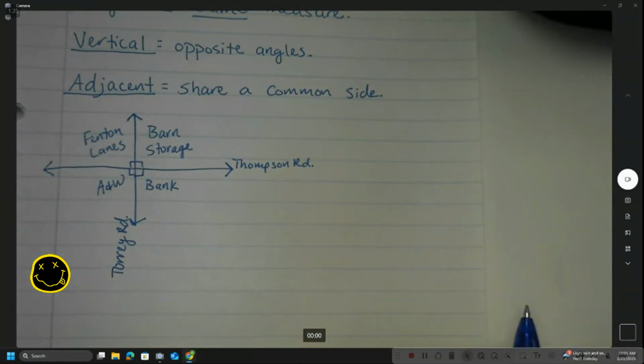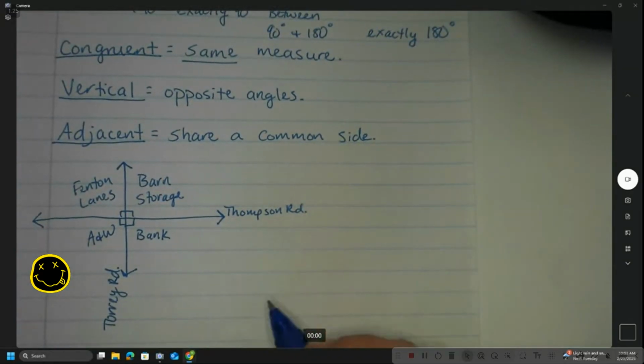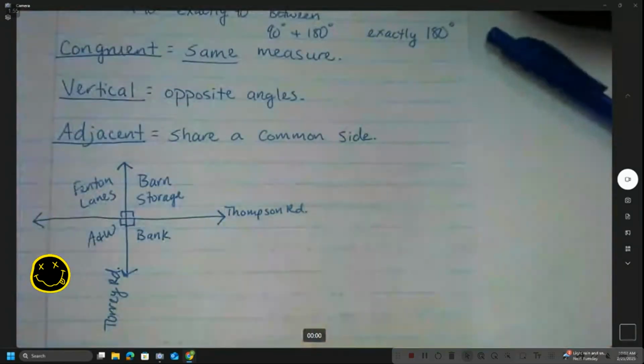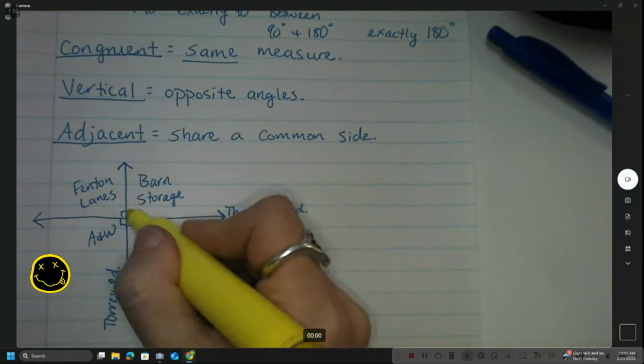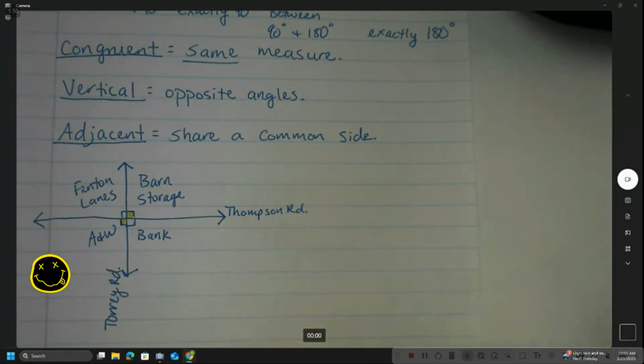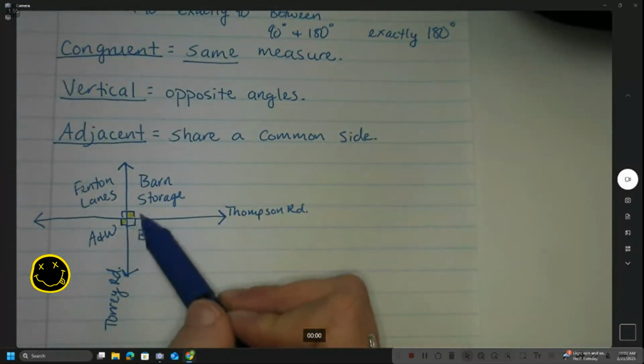So let's go ahead and talk about these vocab words using the angles. So a vertical angle. Vertical angles are angles that are opposite of each other. For example, the barn storage angle, I'm going to highlight it, is opposite of A and W. It's not necessarily across the street. So follow my pen. You would think, oh, we got to cross the street to the bank. No, those are not opposite of each other.